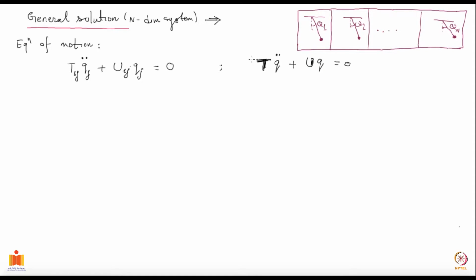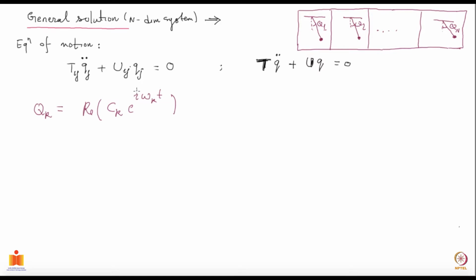which means the following, that the kth normal coordinate I can write as ck e to the i omega k t, and I should take the real part of it.